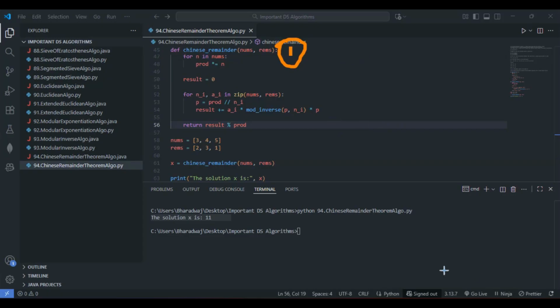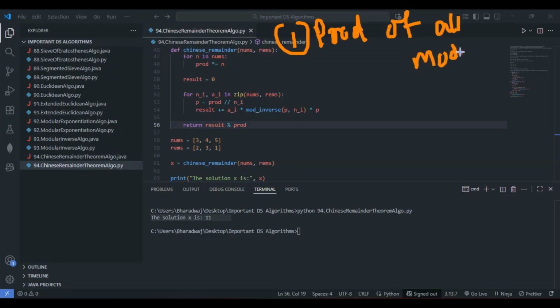Next part. Let's discuss the algorithm steps. So algorithm steps, first we will compute the product of all moduli, right? So that's what we do. The second step here, for each modulus, compute the modular inverse of the partial product, right?